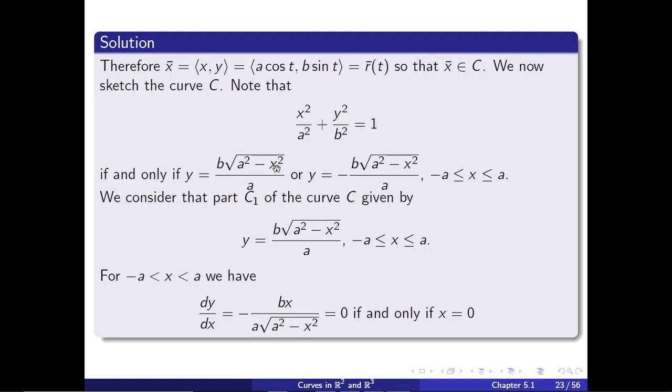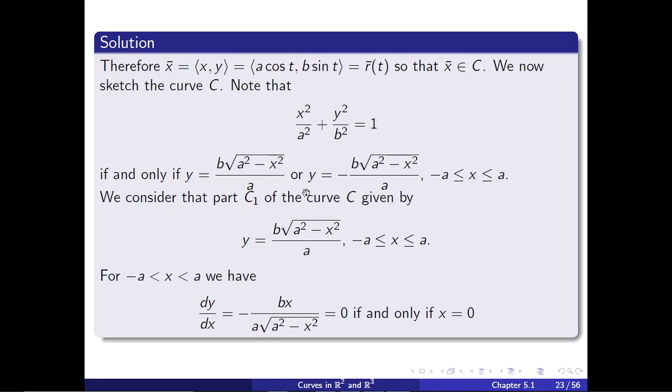If we find our y's, we see that we get two cases. If we take x squared over a squared to the other side, multiply by b squared throughout, we are left with the square root of that.